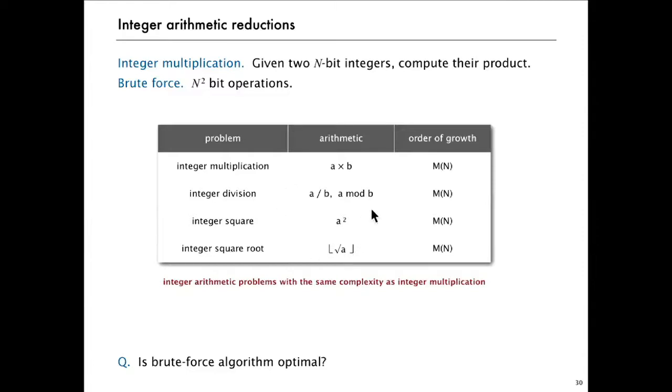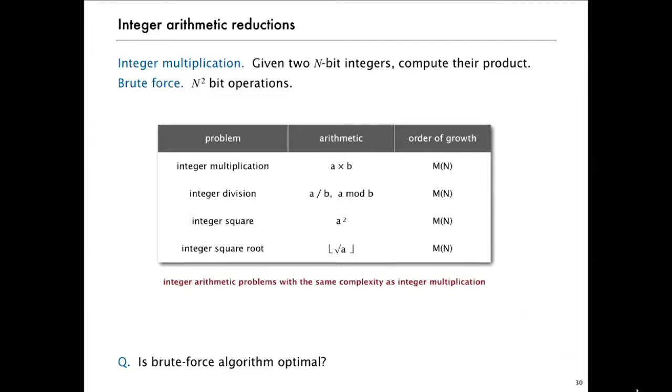So you can show that all of these things have the same complexity, even though we don't know what it is, just by simple reductions one to the other. You could imagine how to do divide to multiply and so forth. These have been done in all different directions.